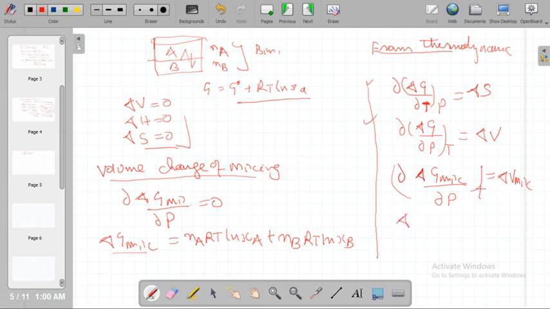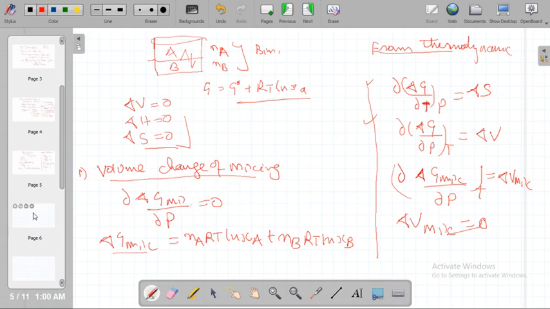So the volume of mixing equals 0 you will get. Yes, the change in volume of mixing equals 0. In any given solution, when the temperature is 0, the volume becomes 0. So this is one type of solution.